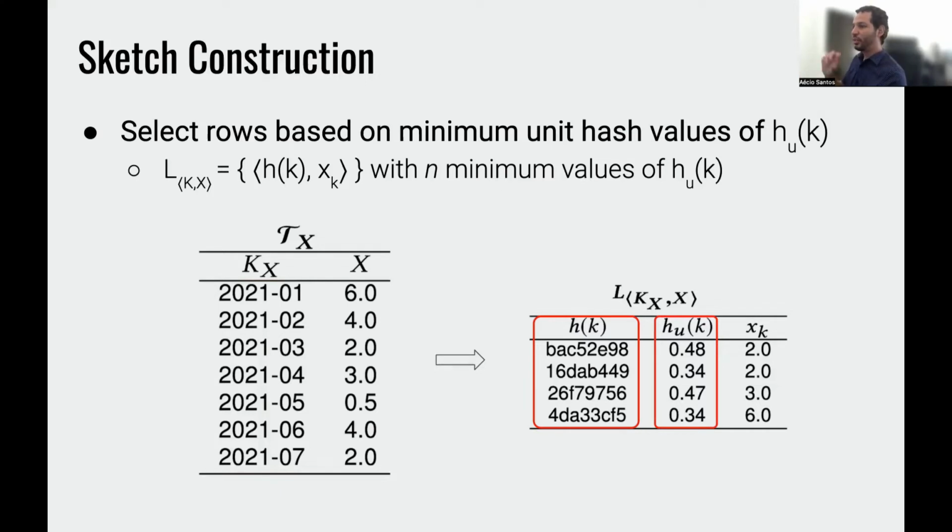So essentially, we map the join keys to a number between 0 and 1, and we only keep the k smallest samples in our hash domain, right? In the final sketch, we only need to keep the hashed keys, which is called on the left, and the numeric value associated with each key.